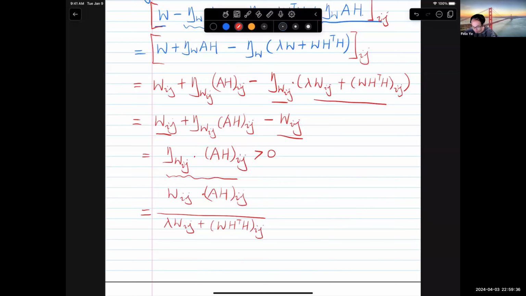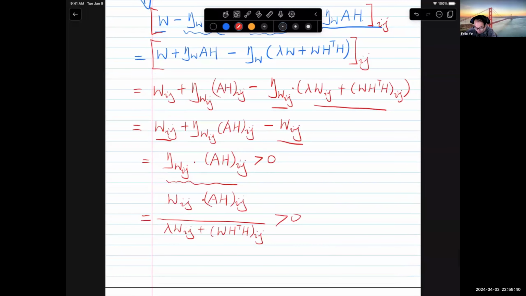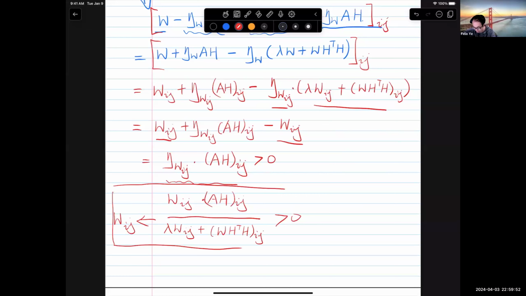So obviously this whole thing is positive. This will be your algorithm. You're going to replace this W_ij by this. So this is the update rule for W.